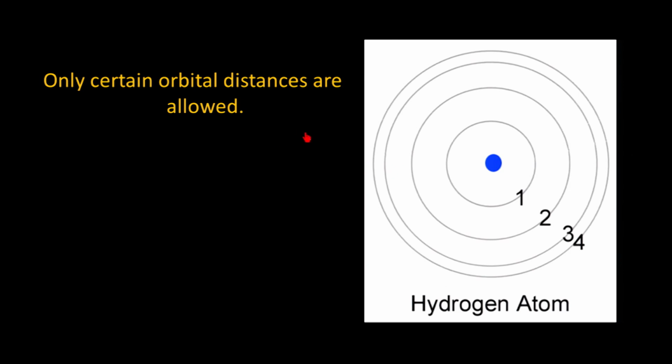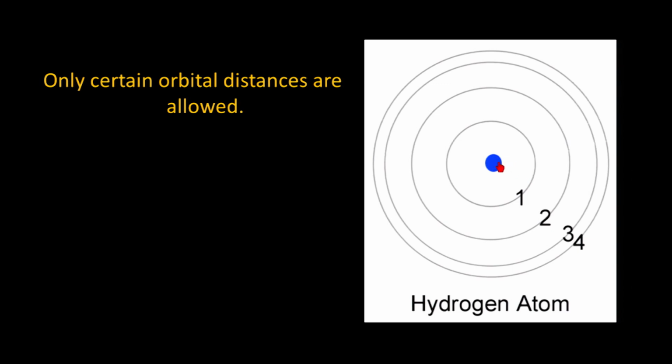The rule number 1 that we're going to talk about is that inside of every atom, there are certain distances away from the nucleus that the electrons are allowed to orbit. So we're going to label them with numbers. This is what we would say is electron orbit number 1. And then at this distance, this is electron orbit number 2. And then this distance would be electron orbit 3, electron orbit 4, and so forth. So there are predetermined distances that the electron is allowed to be in.